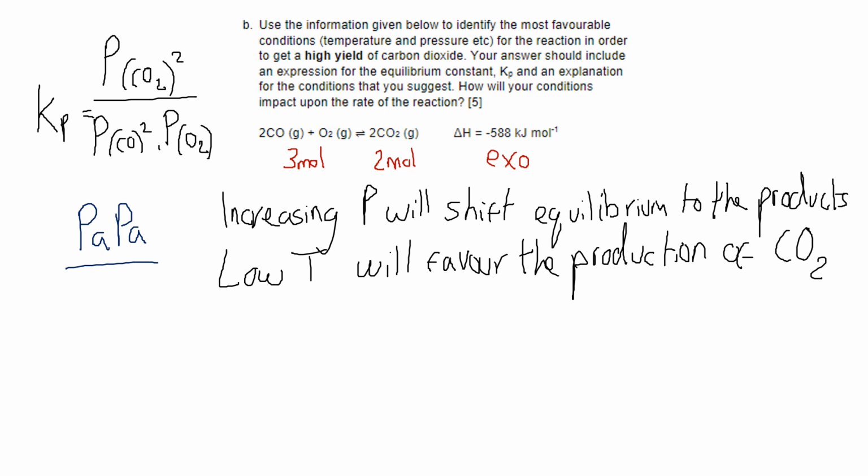You're dividing by 3 lots of pascals, so it's pascal, pascal, pascal. And therefore we can cancel the 2 on the top with 2 of the ones on the bottom. That leaves you with a pascal on the bottom, bring it to the top, and it becomes pascal to the -1. On the previous example, I think you had equal number of moles on the top and the bottom, which just means there'd be no units for Kp.